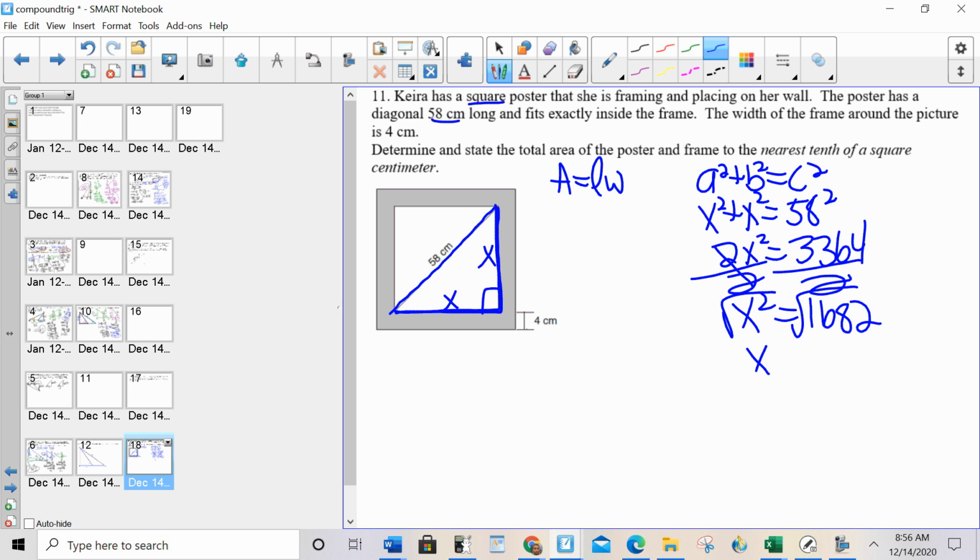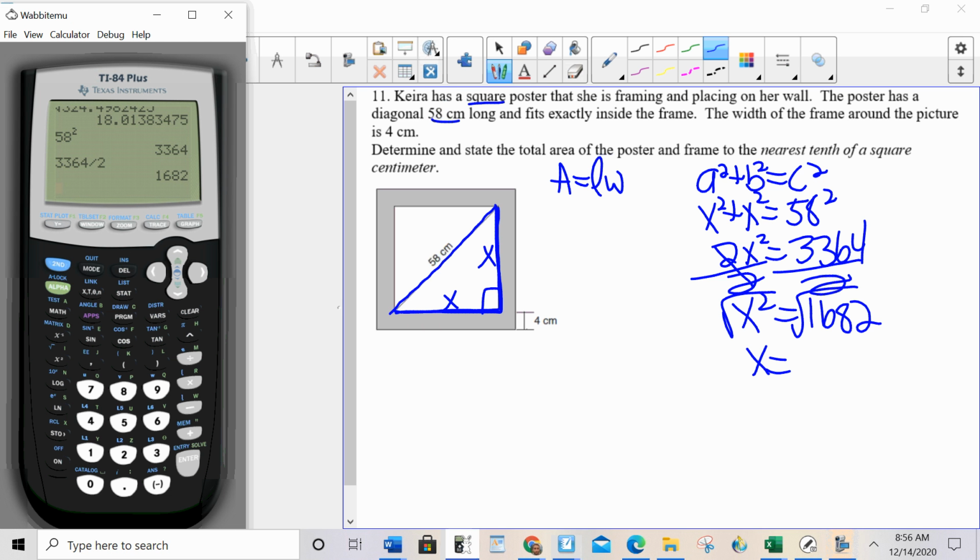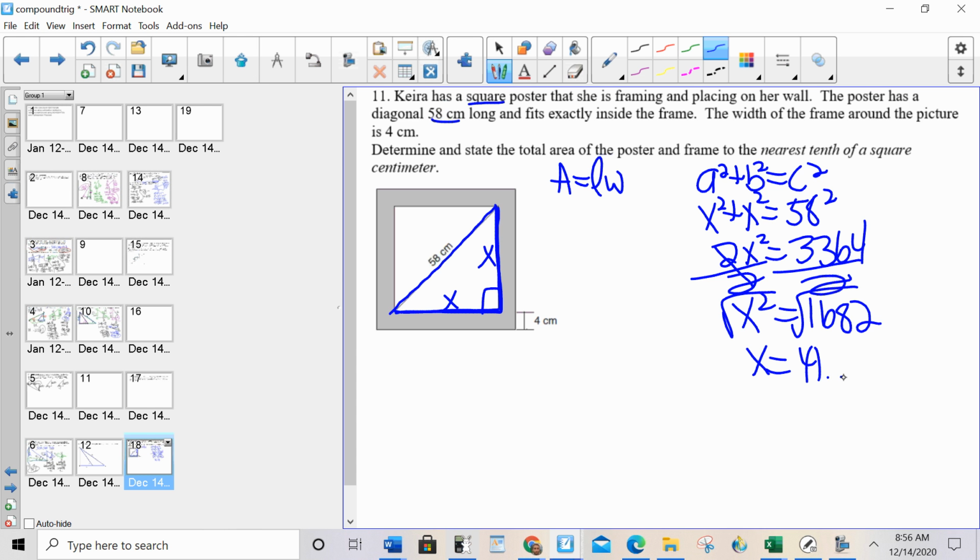Square root of 1682 is 41 point something.